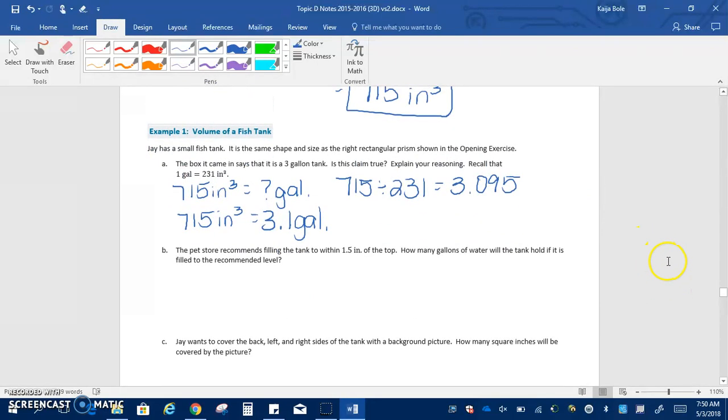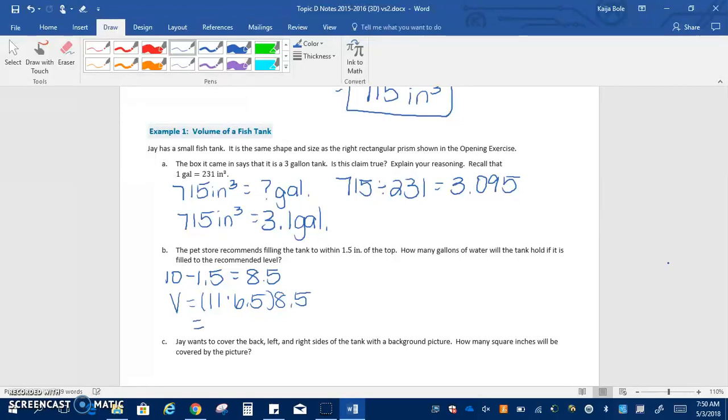Part B says that the pet store recommends filling the tank to within 1.5 inches of the top. How many gallons of water will the tank hold if it's filled to the recommended level? So we know our original height was 10, so we needed to subtract 1.5 from that. So our height is now going to be 8.5, which means that we need to recalculate the volume. So we're going to have volume equals same area of the base, 11 times 6.5, then times our new height of 8.5.